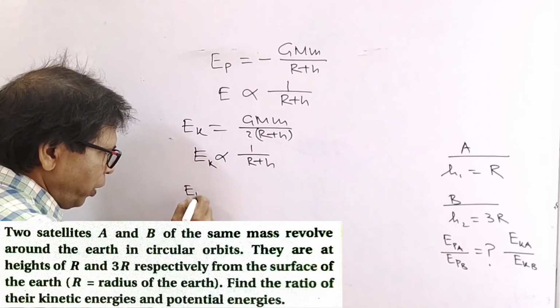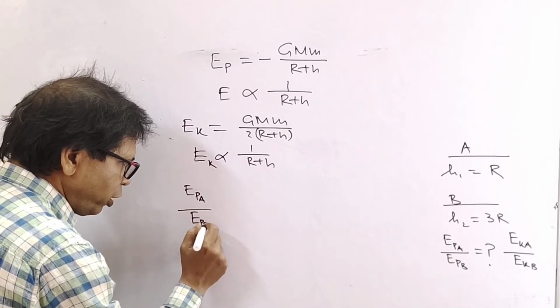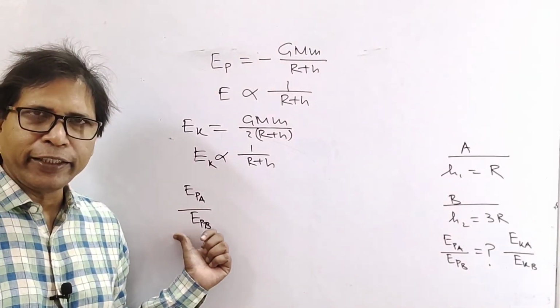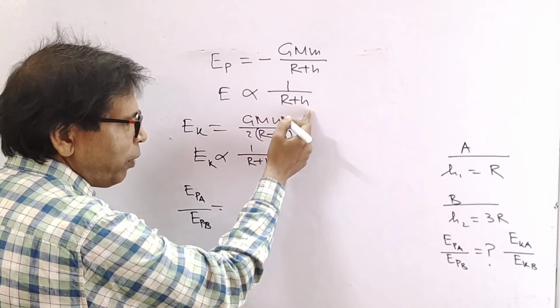This is EPA by EPB, that is potential energy of A divided by potential energy of B. This is inversely proportional to R plus H.